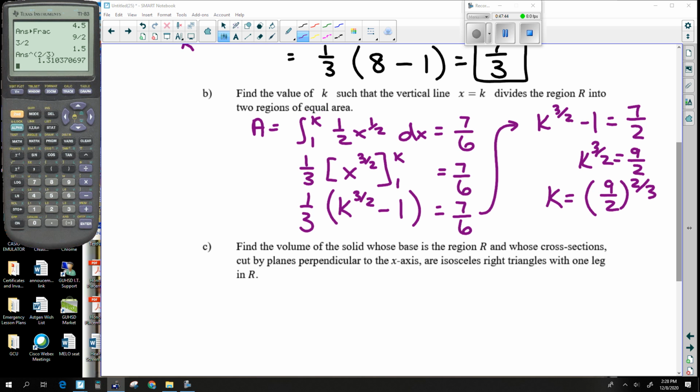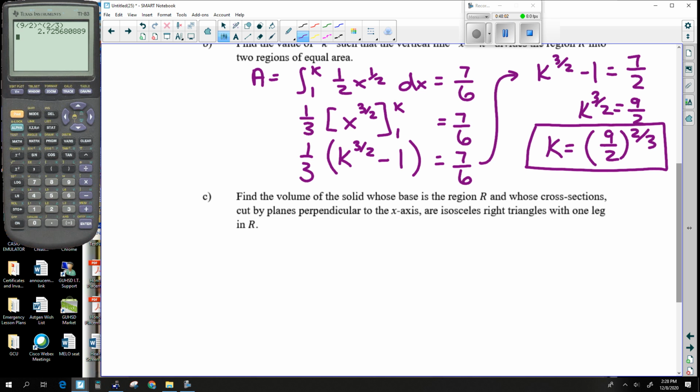Oops, I don't know why I get 3/2. It's 9/2. Yeah, that number makes a lot more sense. There it is. So 9/2 to the 2/3, that's that value of k.